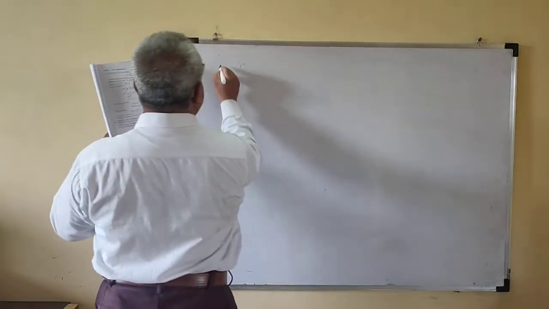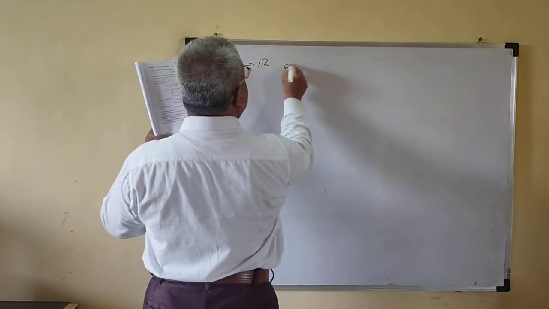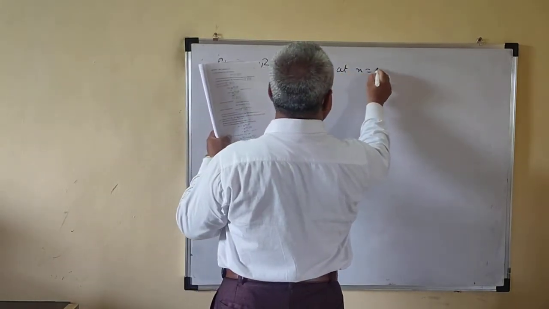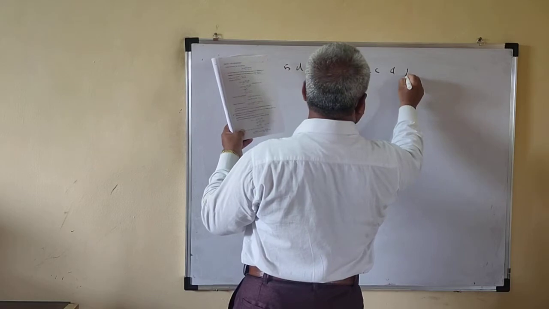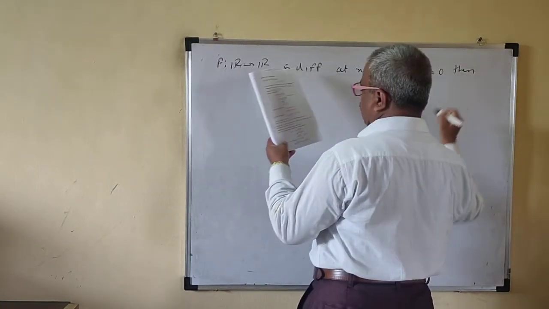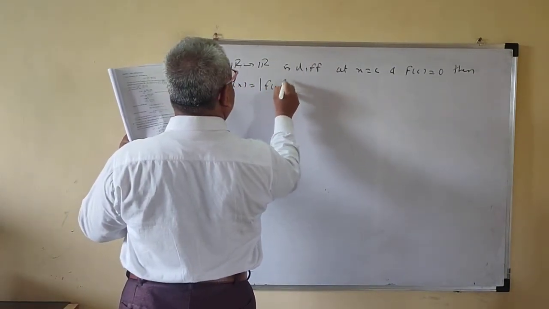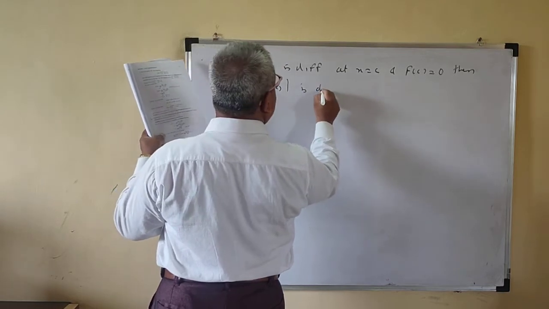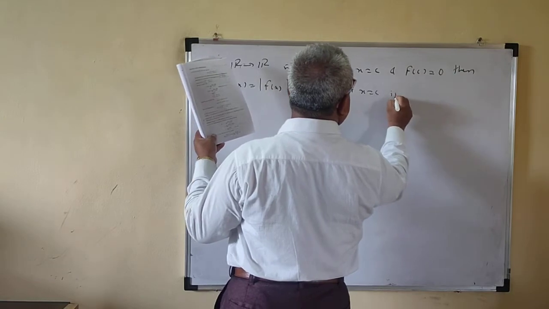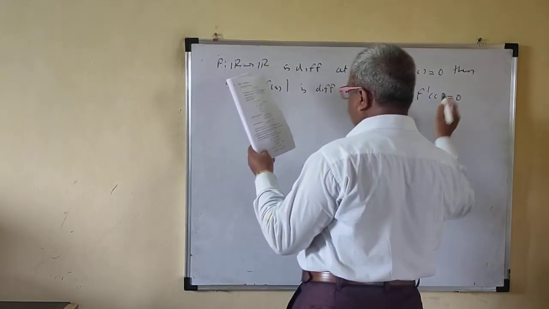If f from R to R is differentiable at x is equal to c, and f of c is equal to 0, then g of x is equal to mod of f of x is differentiable at x is equal to c if and only if f prime c is equal to 0.